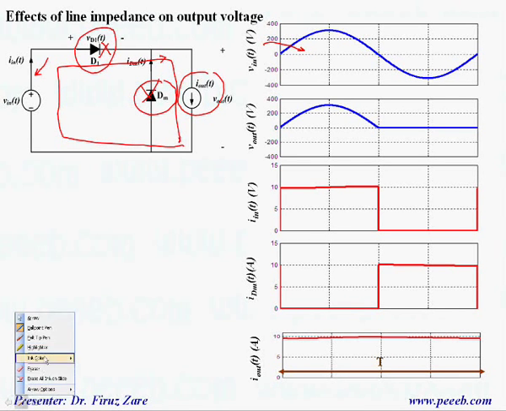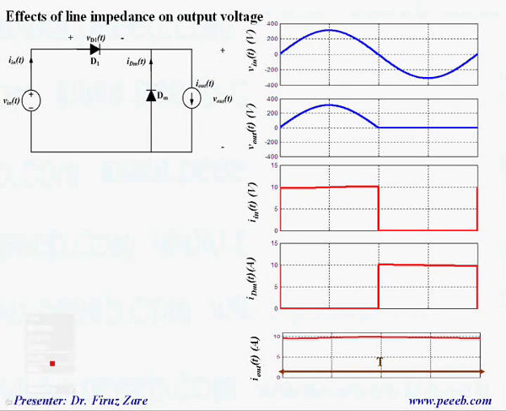Let's consider the transient. What happens just at this zero crossing point? If we concentrate on this node, because the output current is constant, the sum of I in and I DM should be equal to I out. So what happens when this diode turns off?